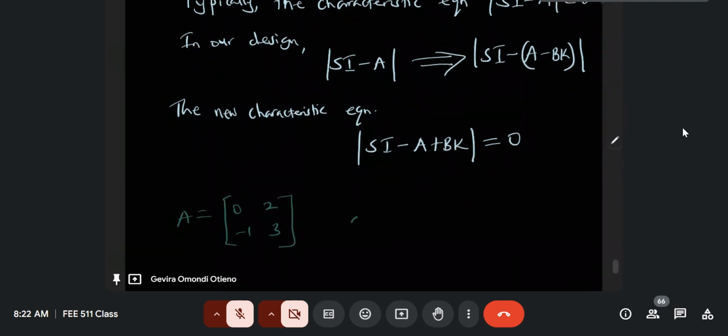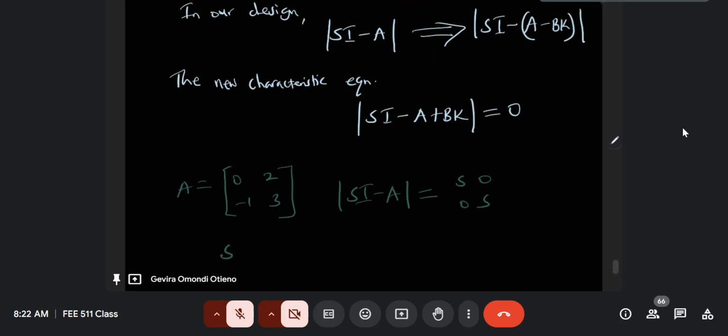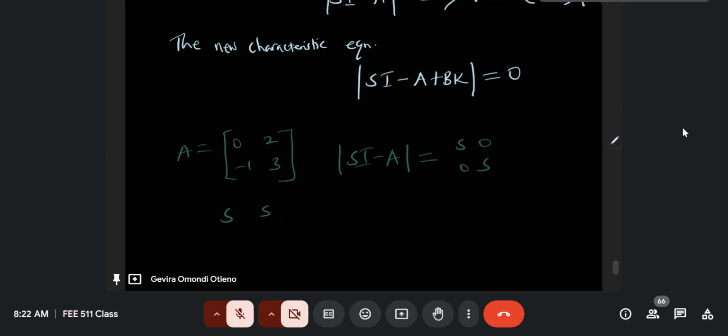So you'll have the determinant of SI minus A. Because we have a 2 by 2 matrix here, SI is S, 0, 0, S. Let me make it clear. It's like saying S into 1, 0, 0, 1. So this is the identity matrix, and this is the S.